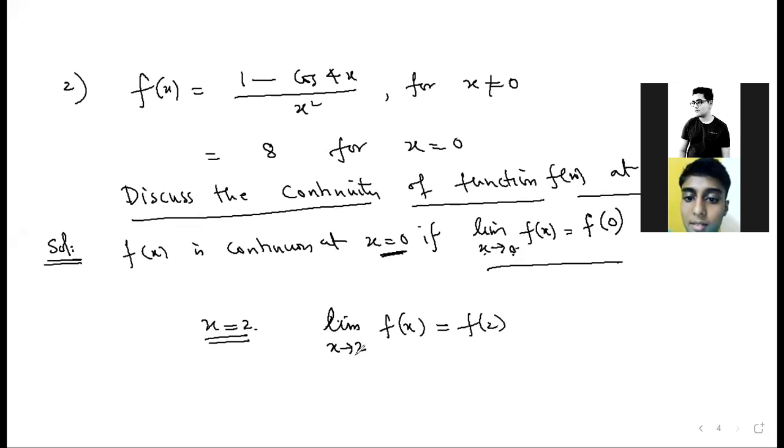Limit x tending to 2 f of x equal to f of 2. Read it once more: limit x tending to 2 f of x equal to f of 2. I can't hear you properly. Okay, when is the function continuous at x equal to pi?